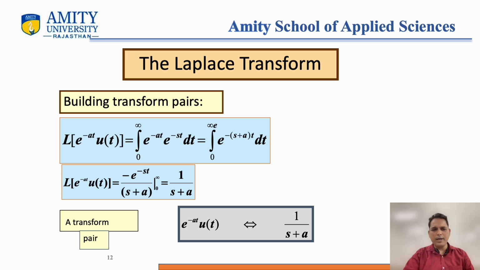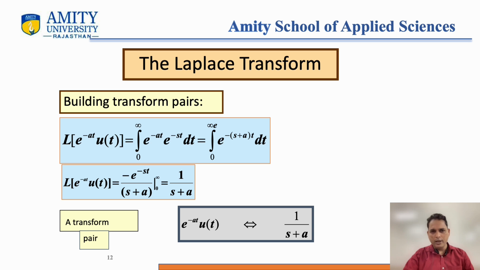So what the pair says is that if f(t) is e to the power minus at, then its Laplace transformation becomes 1 upon s plus a. Going by the inverse Laplace transformation, the inverse of 1 upon s plus a maps back to e to the power minus at.